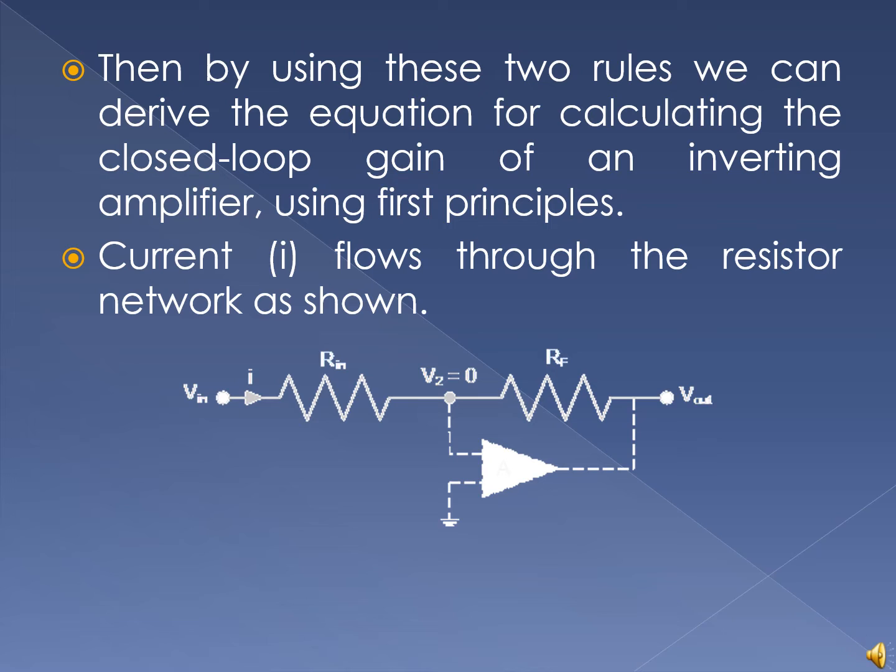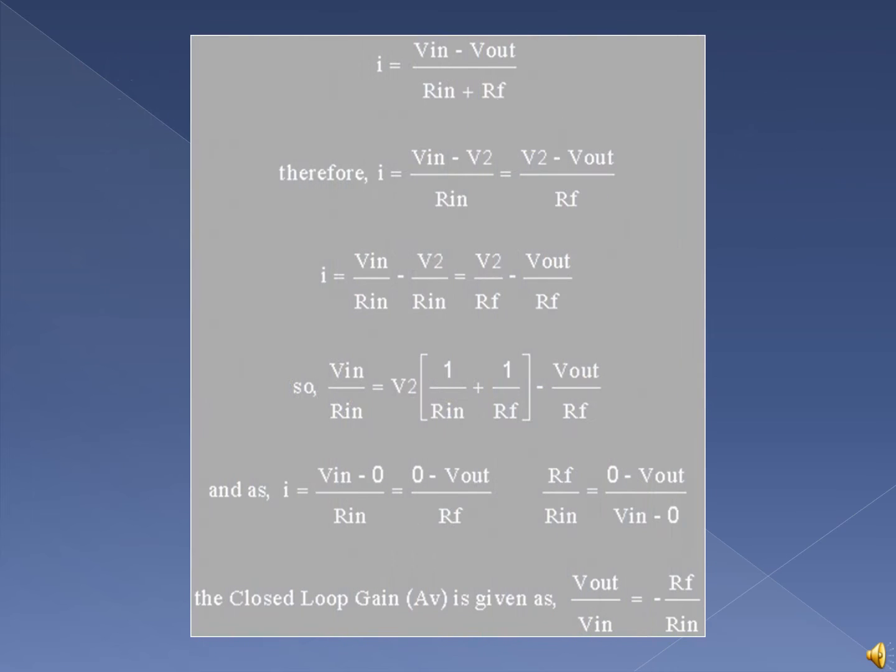Now we will take a look at the formulae involved and their derivations. We know that the current I is given by Vin minus Vout by Rn plus Rf. I is equal to Vin minus V2 by Rn, which is also equal to V2 minus Vout by Rf.